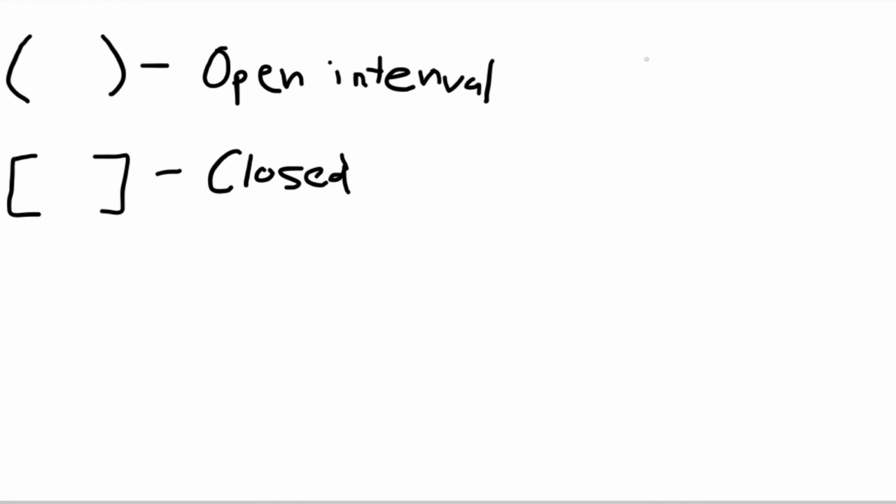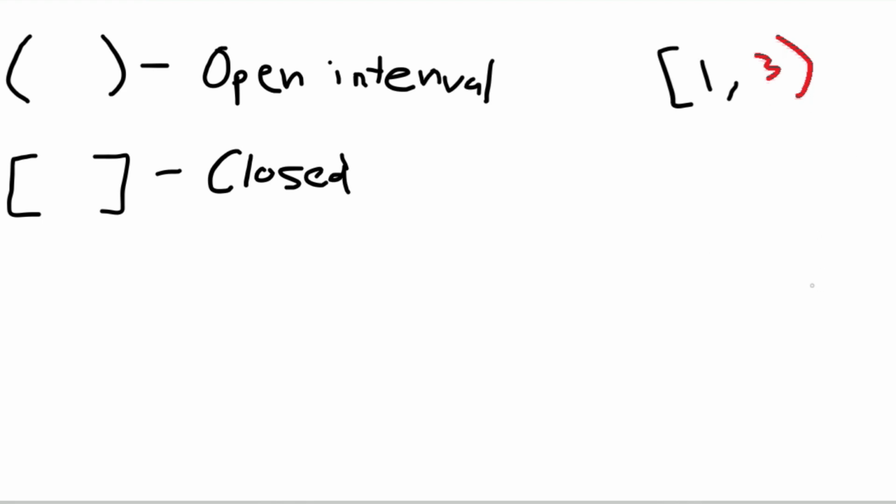So if you were to write the interval, let's see, 1 to 3, the parenthesis and the 3 are connected. I'll even dye them red. These are connected, they're the same, and the 1 and the bracket are connected.